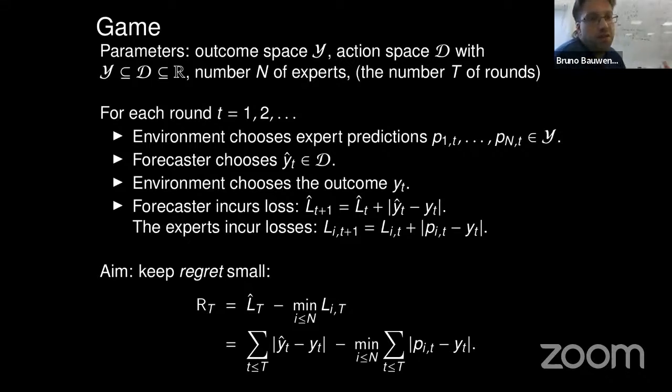In each round, we first receive all predictions, then we make a forecast, and then we get the true label. Then the losses are defined. There are two types of losses, our loss and the loss of the experts. The goal is to predict as well as the best expert. The difference is called regret.